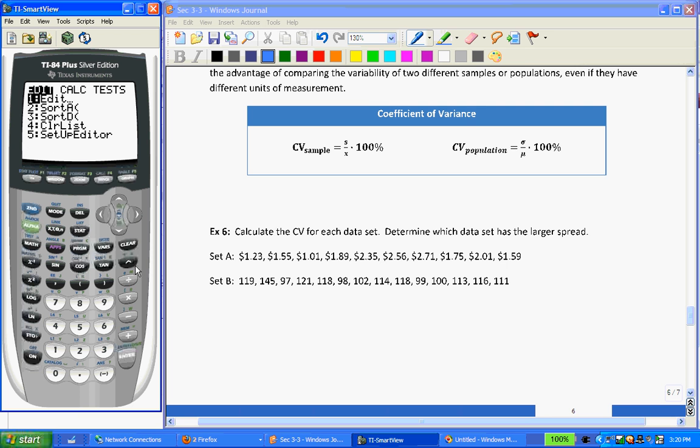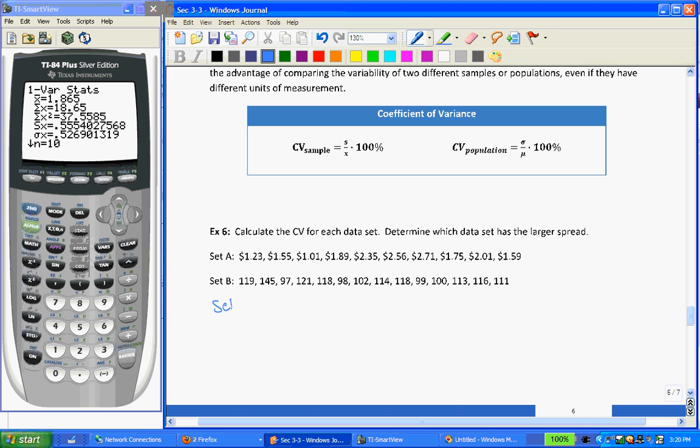So again, I'm going to do stat, and it would be tempting to do two variable statistics, and you could, but that's really for comparing two data sets that have something in common, and these are actually very distinct and different. So I'm just going to run one variable statistics on each set independently. So first, for that first set, for set A, the mean is 1.865, and we're going to assume this is a sample.